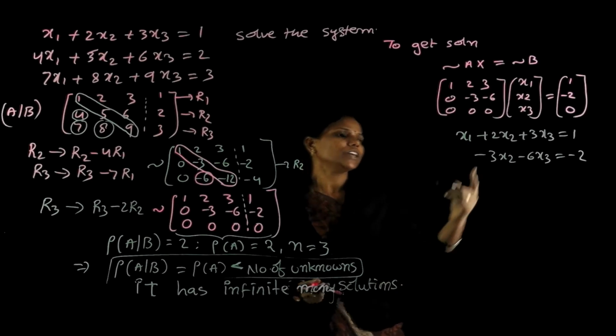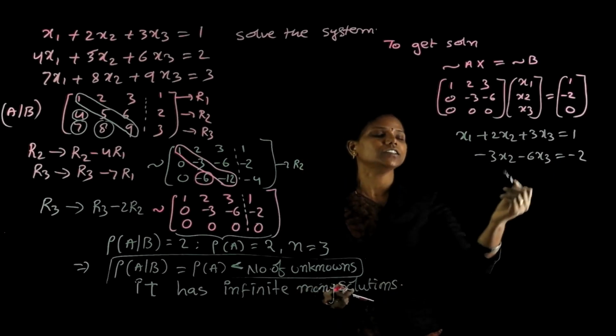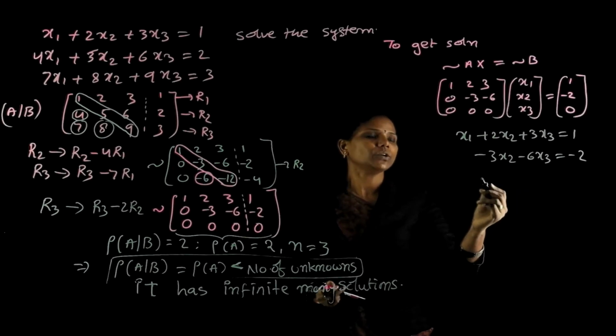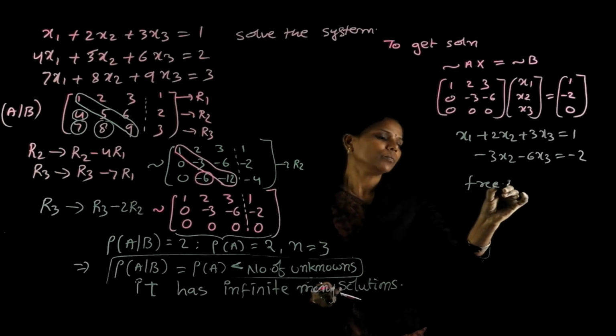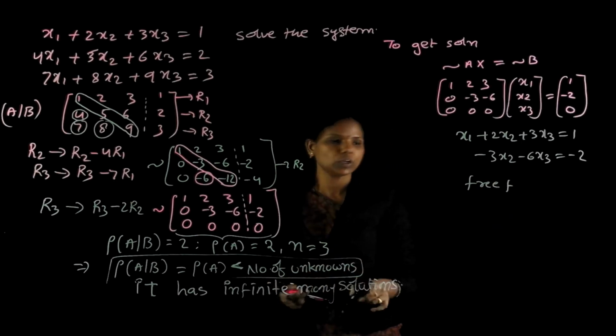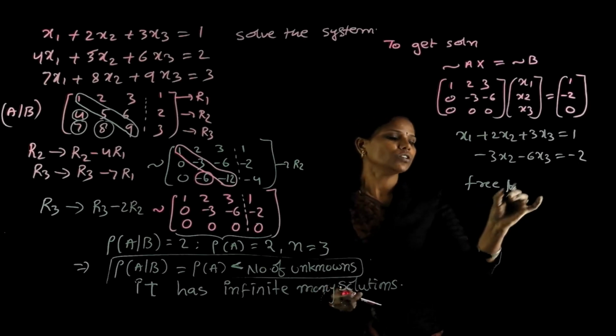Now we need to get the solution. In this situation we have two equations and three variables. That's why we need one free variable here. For every problem, when you get infinitely many solutions, some free variables will exist. How do we get those free variables?